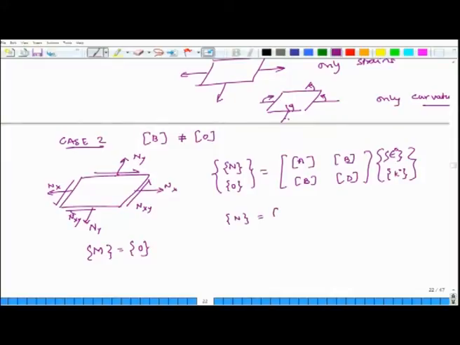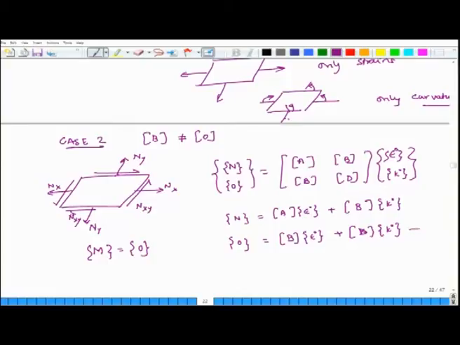N equals A epsilon plus B times curvature, and because moments are 0, the moment resultants are 0. So, 0 is equal to B times mid plane strains plus D times mid plane curvatures.